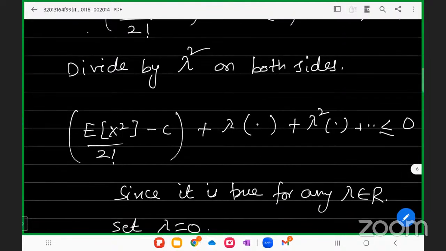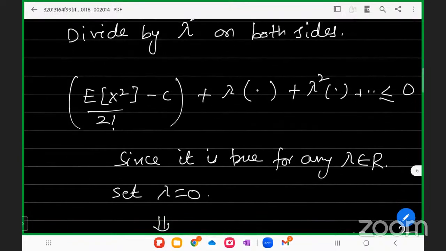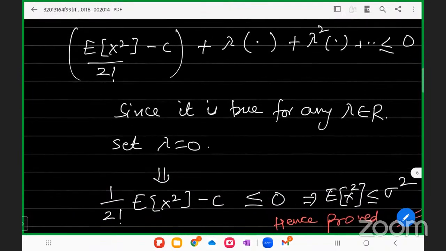That is okay, right? Taking the limit as lambda tends to 0 should be okay, I think. Yes, sir. It will be fine. Okay.